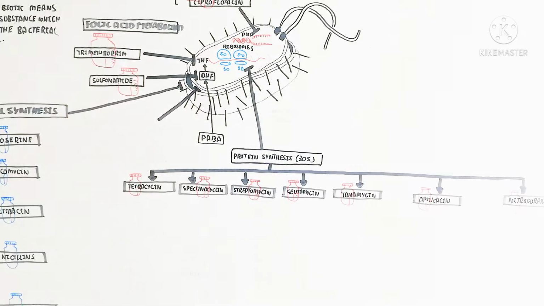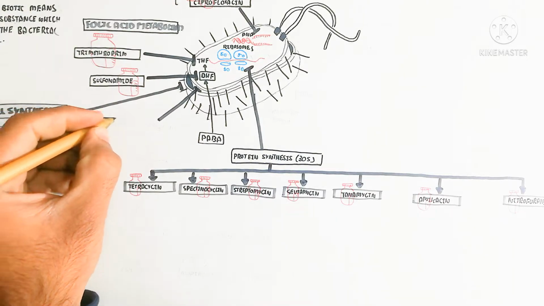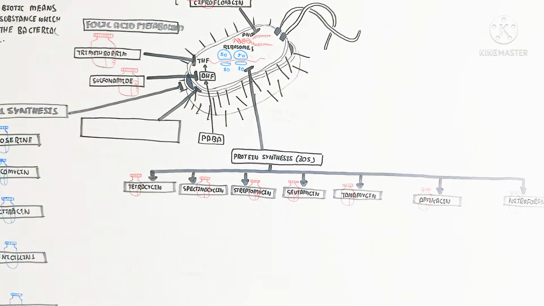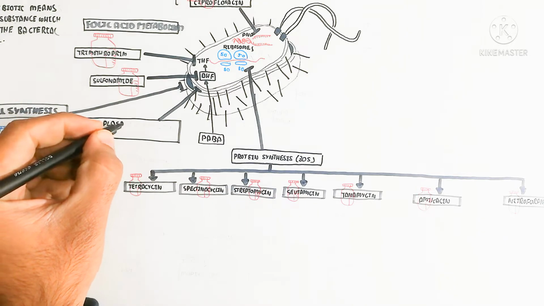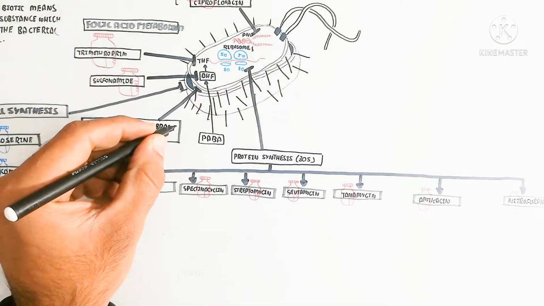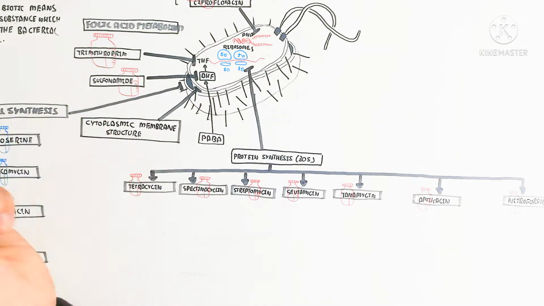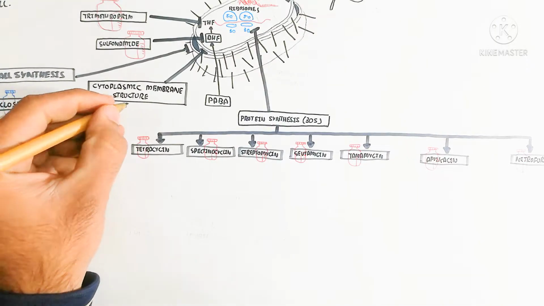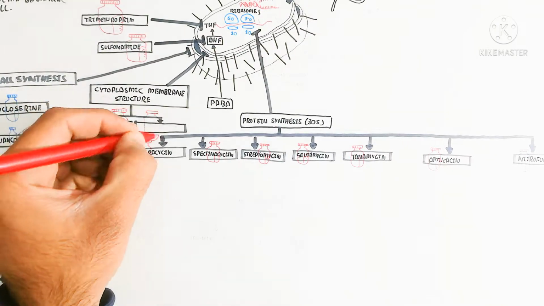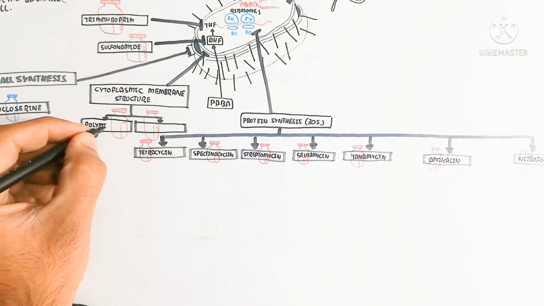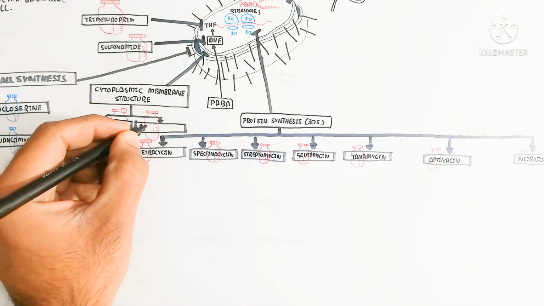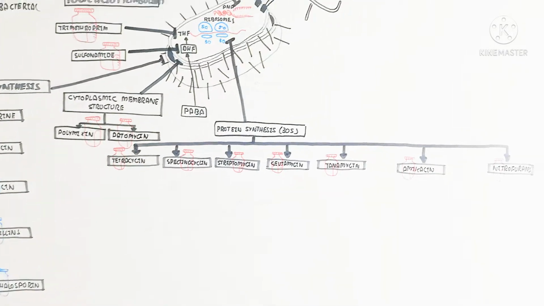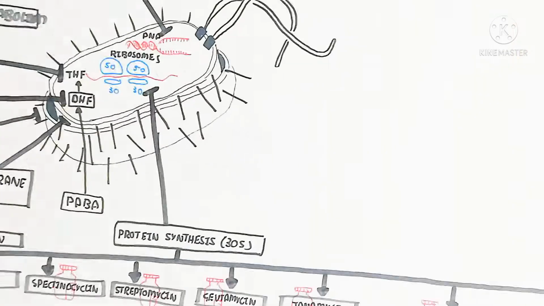These are the seven types of antibiotics that can inhibit cell wall synthesis. Another important target is the cytoplasmic membrane structure. You can see that the cytoplasmic membrane is inhibited by polymyxin and daptomycin.